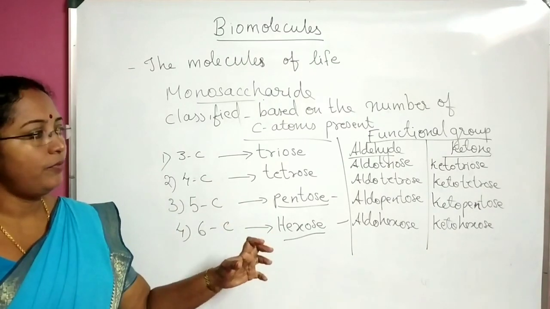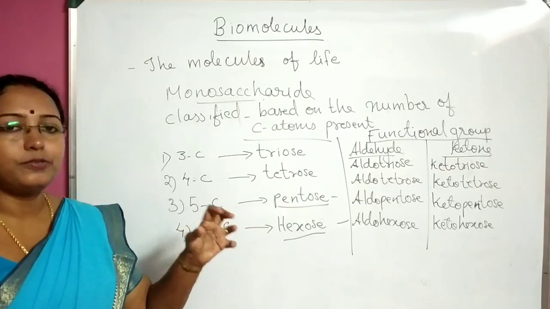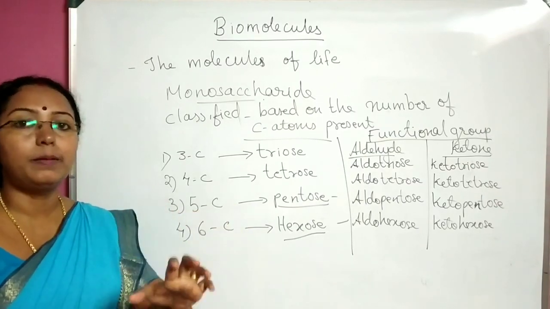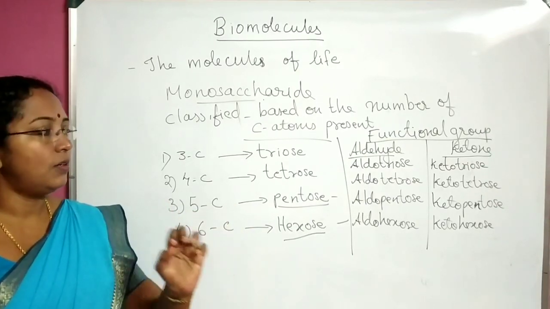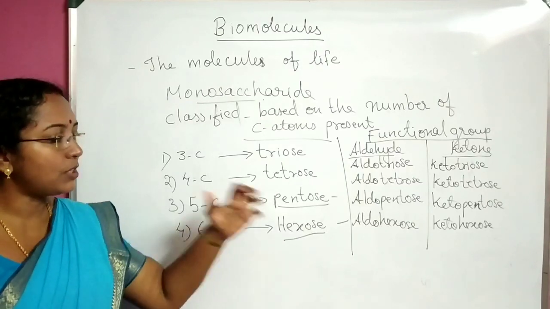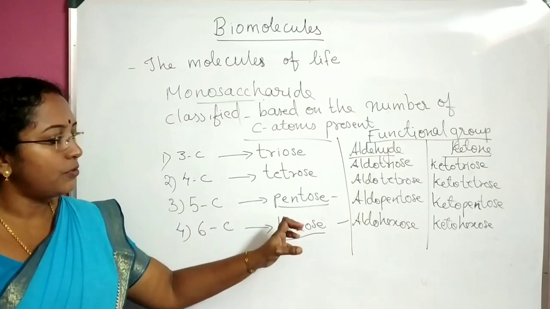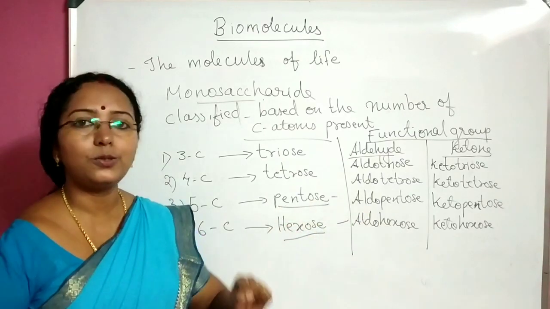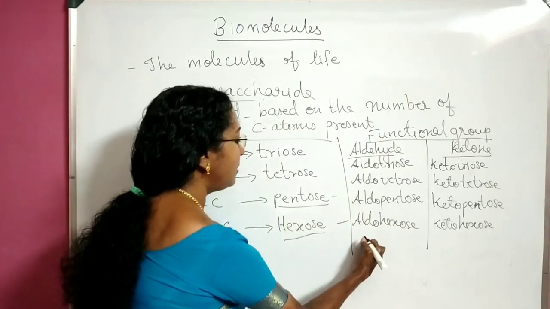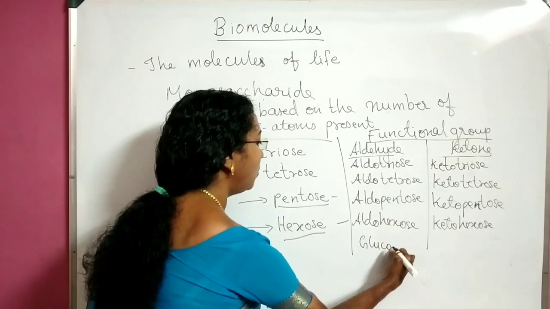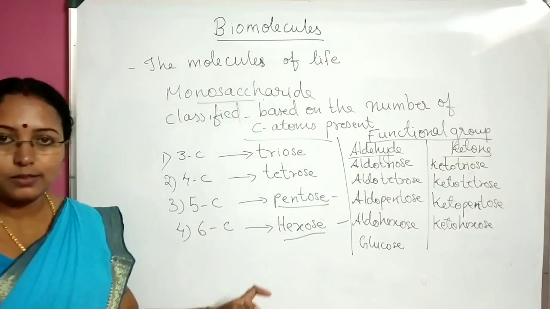Now from here, I'll just write the names of the sugars which are actually needed by you. In your higher studies also, it is needed, as far as our plus one, plus two is concerned. So let us focus on aldohexose and ketohexose. As I told you before, glucose is an example of a hexose.